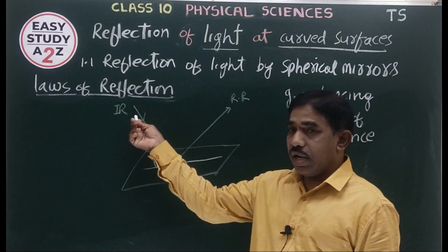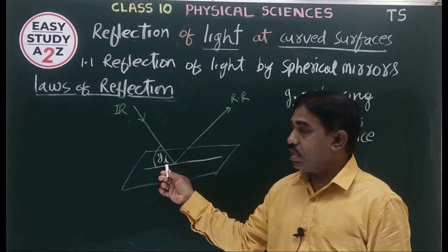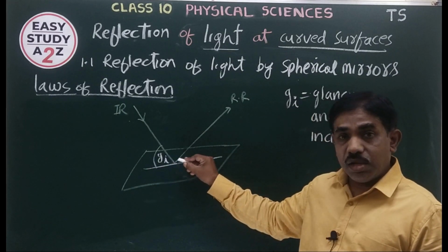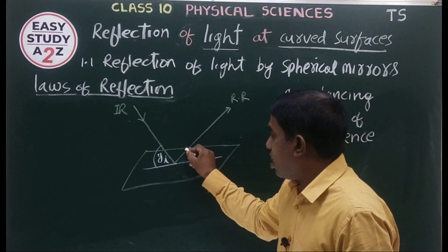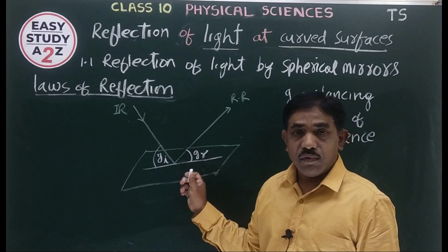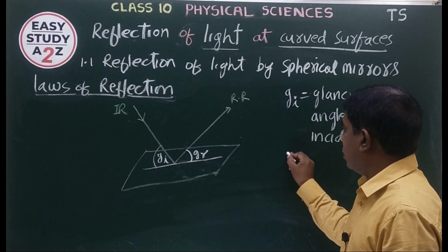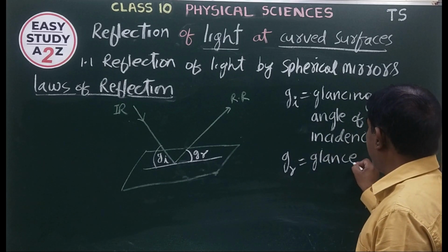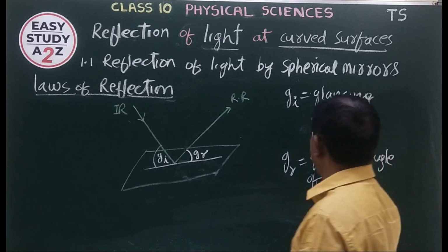That means the light ray is falling on the surface of the mirror at an angle GI. Now the light ray is returning back, or bouncing back, making an angle GR with the surface of the mirror. This GR is called the glancing angle of reflection.